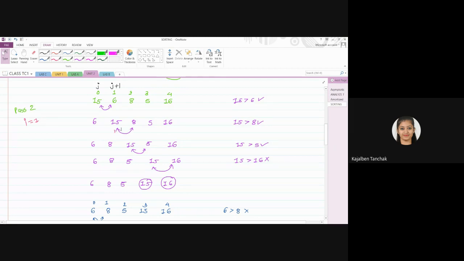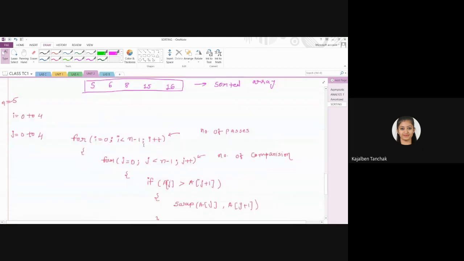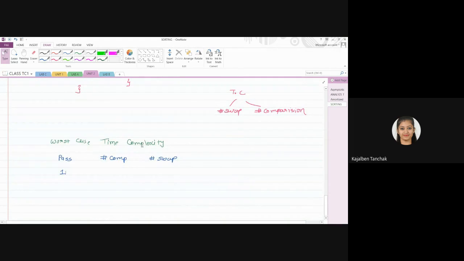Tell me, number of comparisons. 4, right? Let's consider this example: 5, 4, 3, 2, 1. If your array is completely unsorted, right? From highest to smallest.